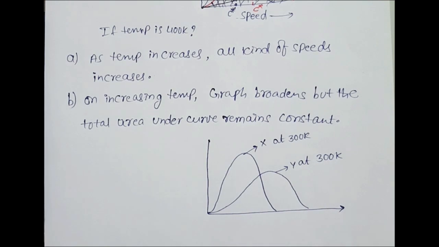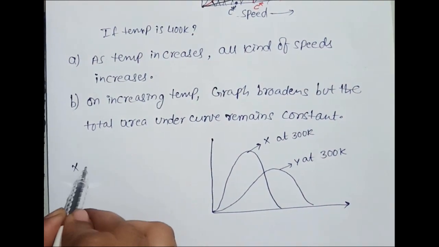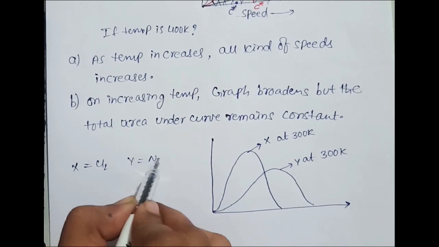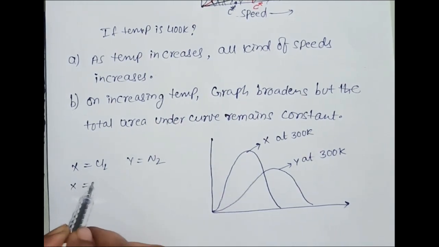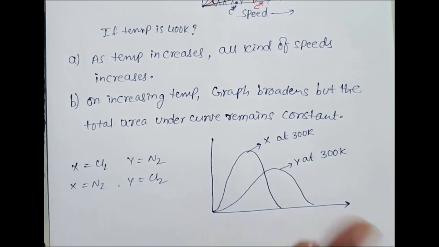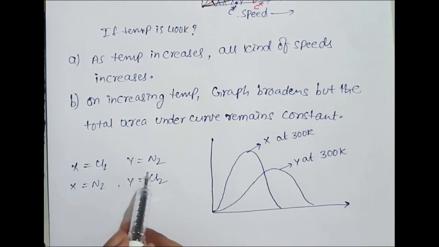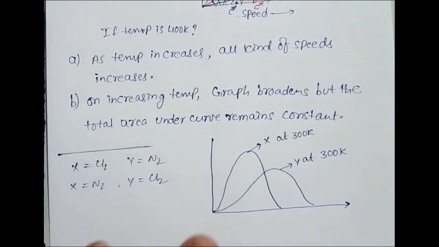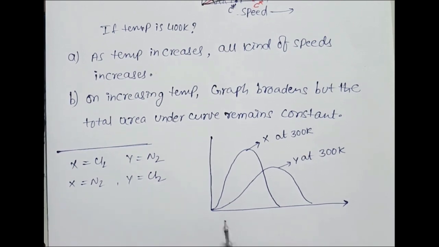So what can be the X gas? X is Cl2 and Y is N2, or X is N2 and Y is Cl2. I am talking only about 2 options, that's why 2 gases. This question was asked in JEE 2019 like this only. So which is that gas? That I have to predict.